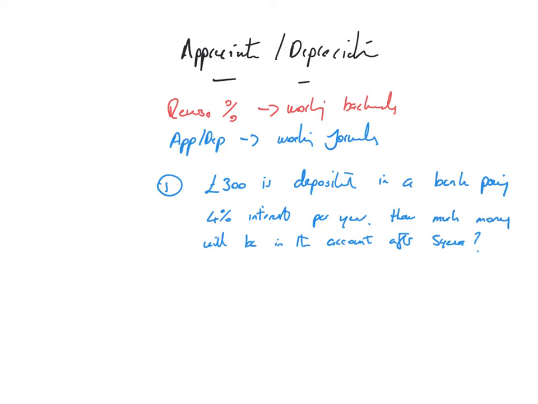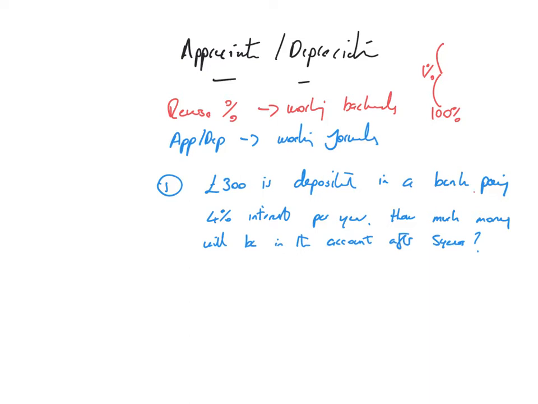Okay, so this is one of these questions where we work down to 1% and back up to 100%. That's reverse percentage. This is a different technique, and let's look at the technique for this one. Now, what is similar is we start with 100%. This is about how much money we've got in a bank account.